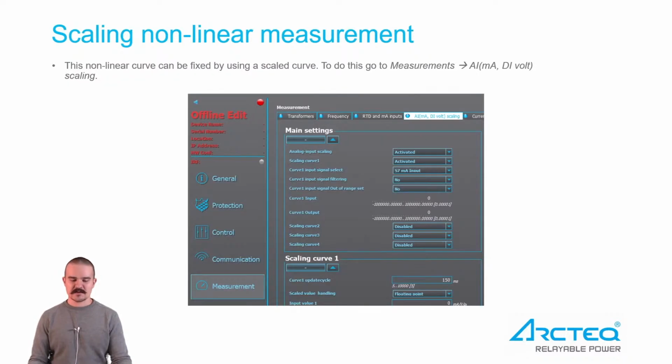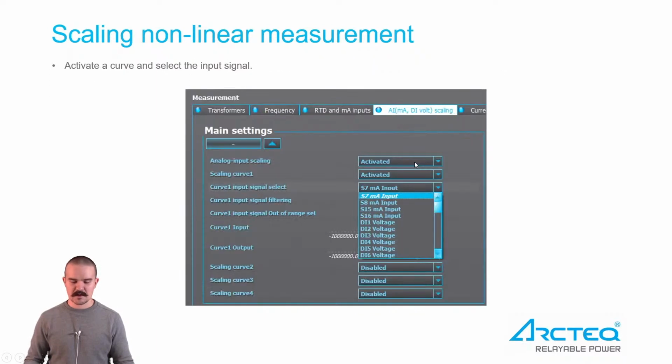This can be fixed by using a scaled curve, and you do this by going to the Measurements and Analog Scaling menu. There you activate Analog Input Scaling and one scaling curve. Then you select one of the milliamp inputs.